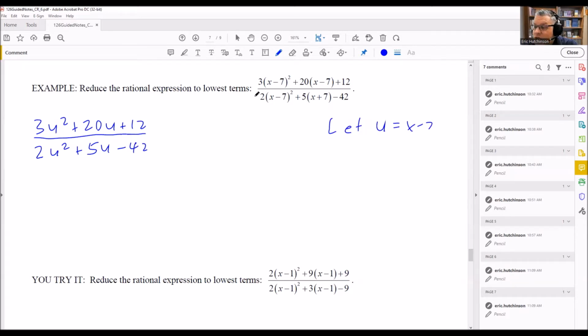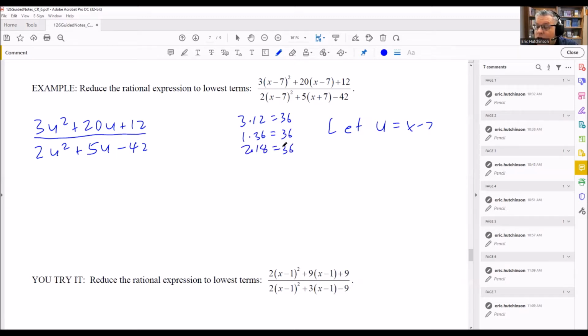So 3 times 12 is 36. We want to look for two numbers that multiply to make 36 but add together to be 20. Another pair would be 1 and 36, and then let's try 2: 2 times 18 is 36.